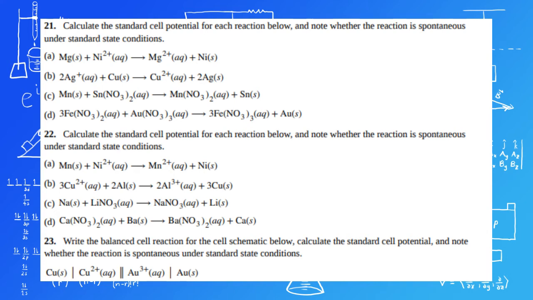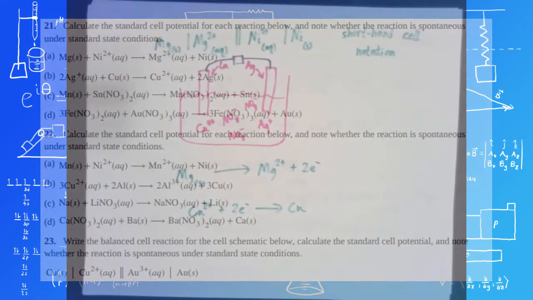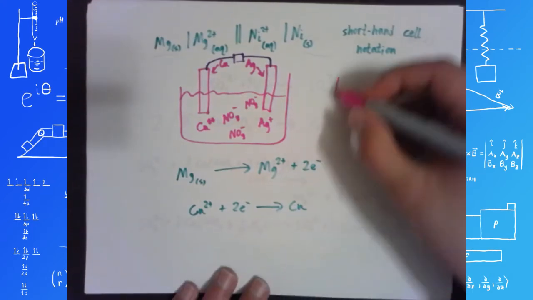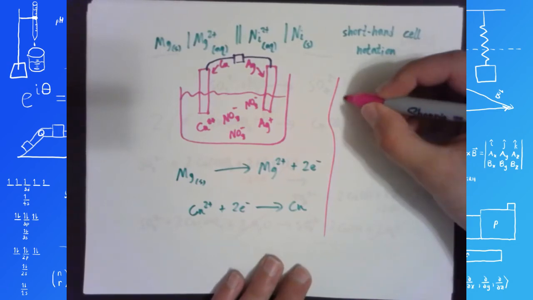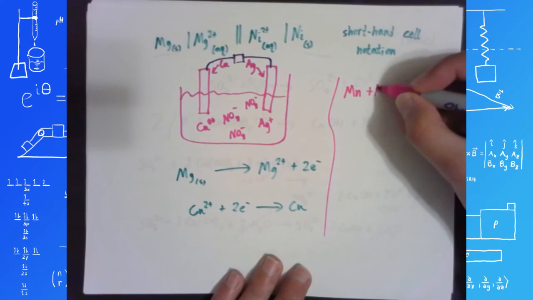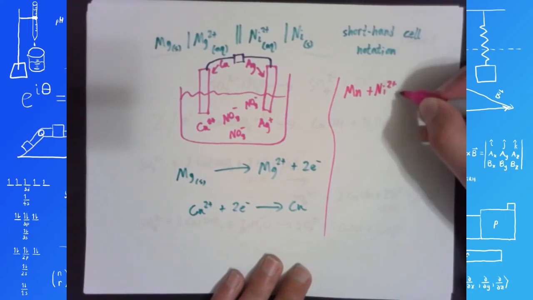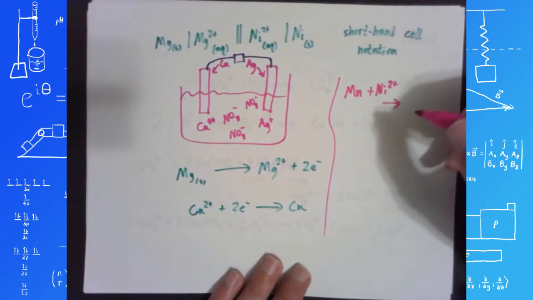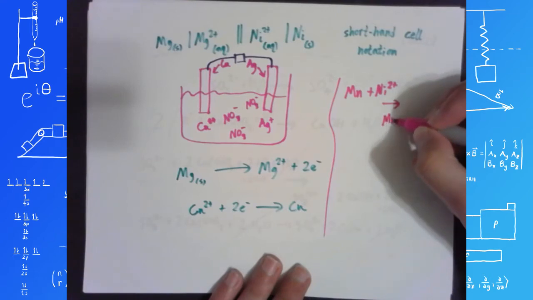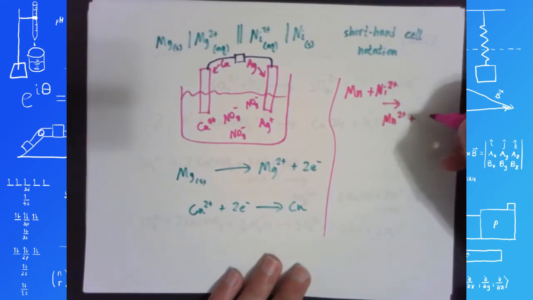Okay, let's do one of them. Let's do 22A. So we've got manganese and nickel 2 turning into manganese 2 and solid nickel.